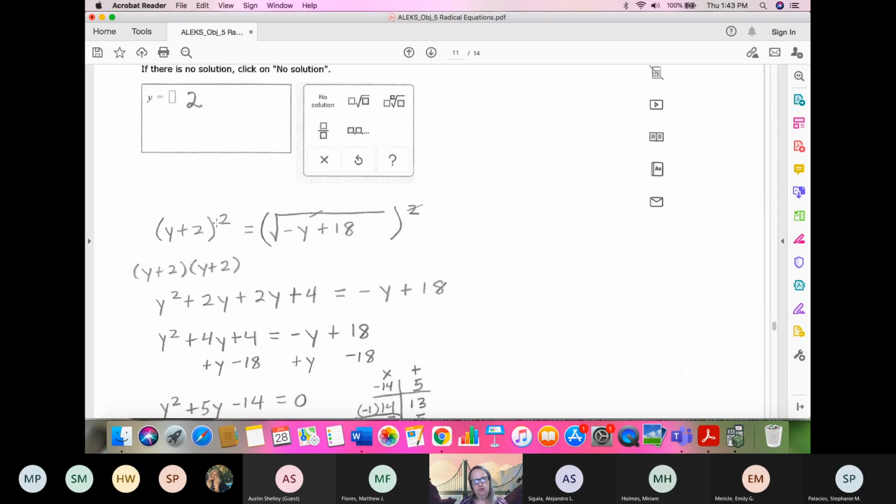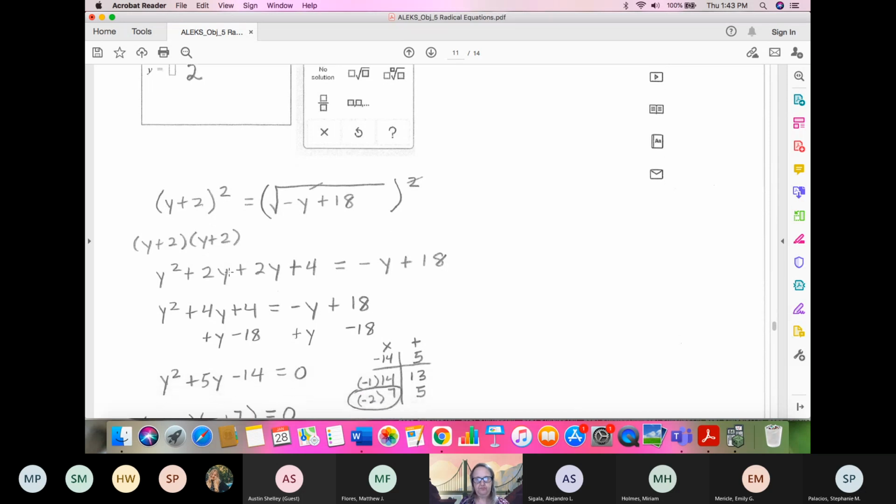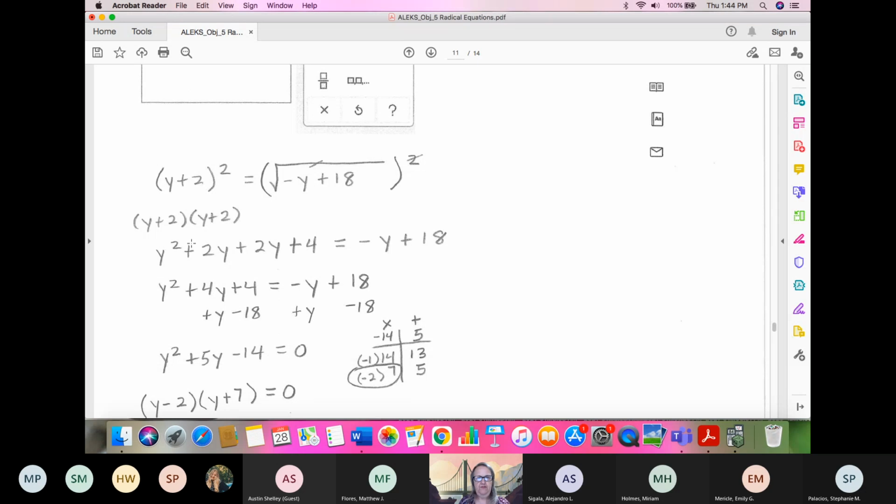This 2 tells us we have 2 of these y plus 2 multiplied together. And if we FOIL, we get y squared, 2y plus 2y, 2 times 2 is 4, equals just what's inside the radical here, negative y plus 18.